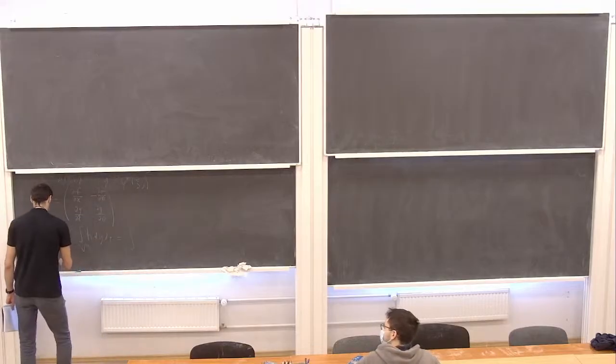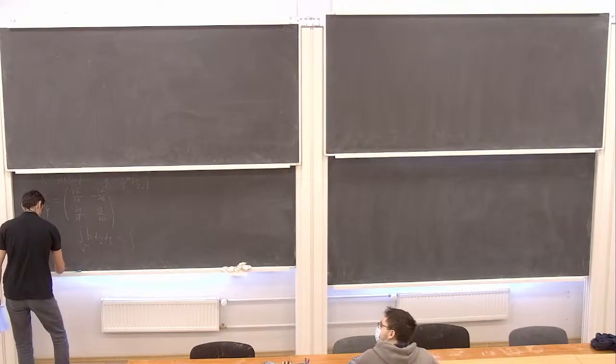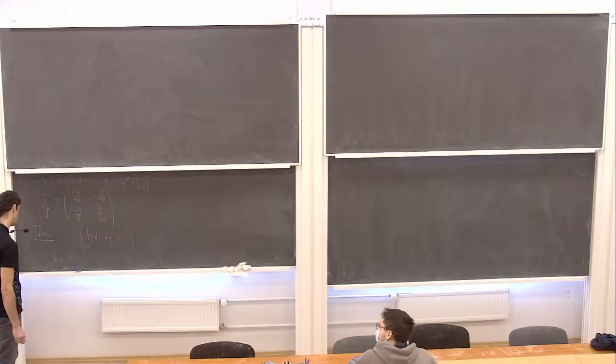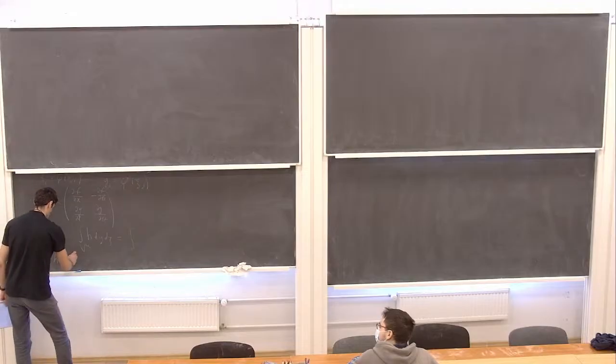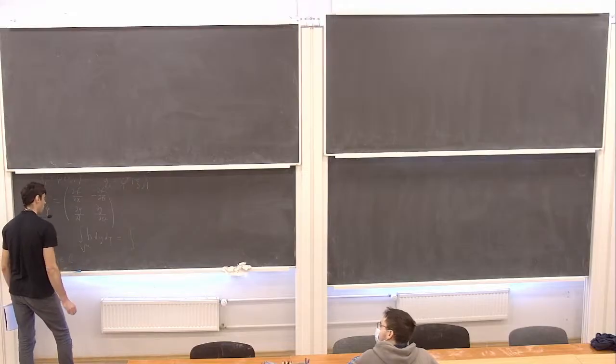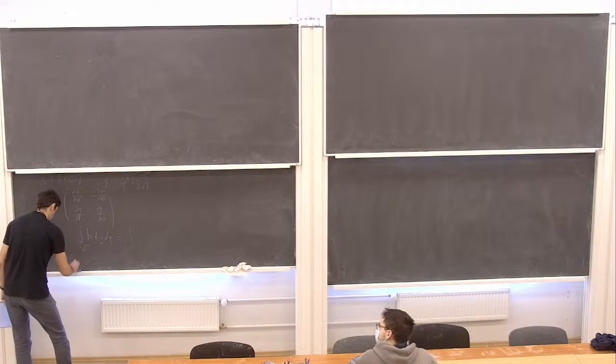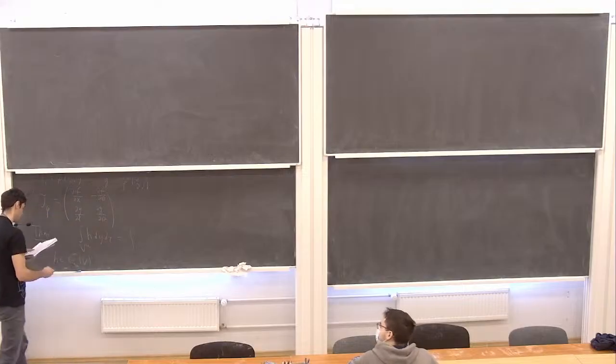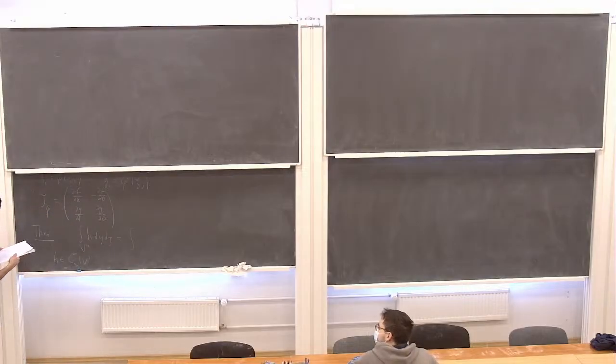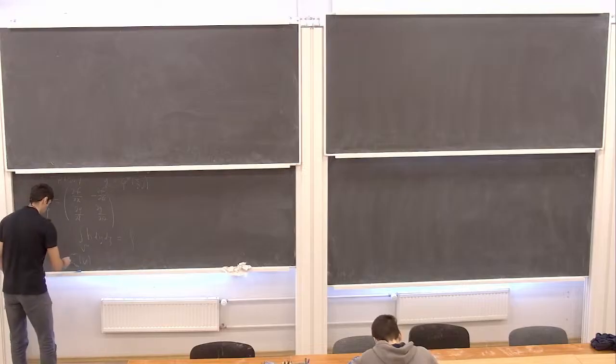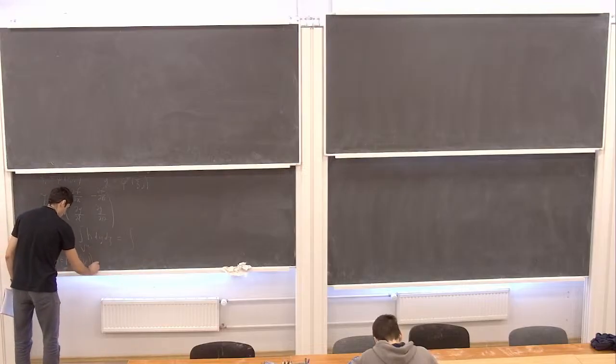Here h is a function, so it's a section on V, right? So C_c^infinity of V, but also it should be with compact support.